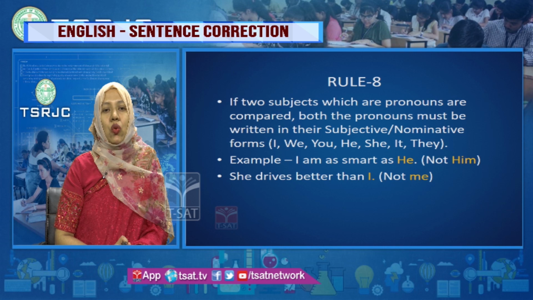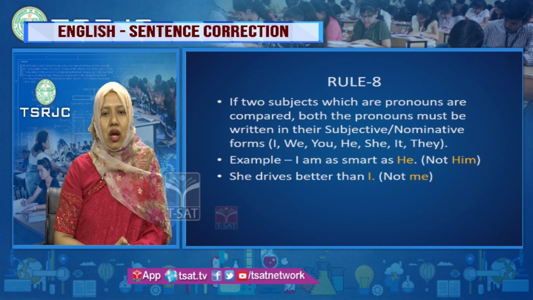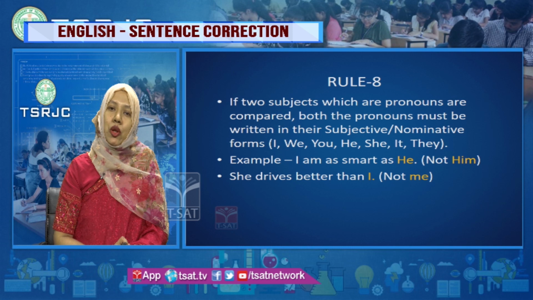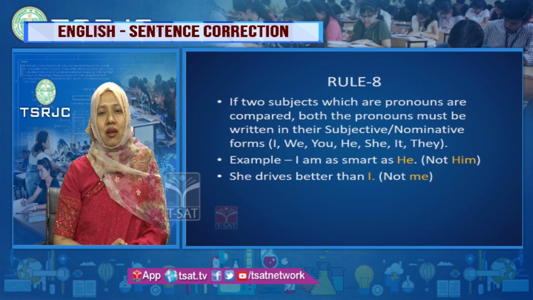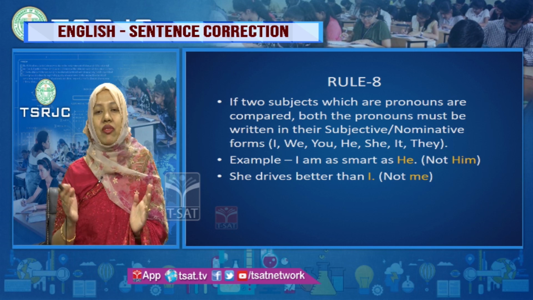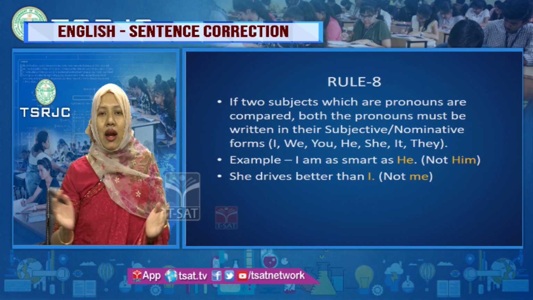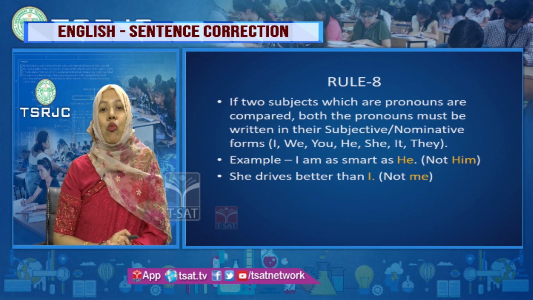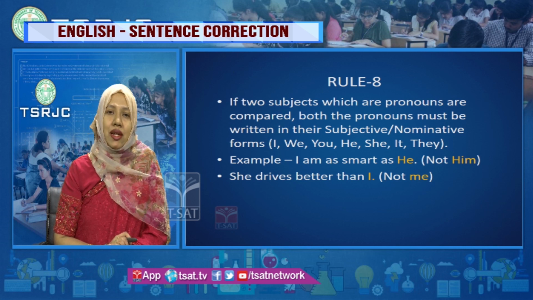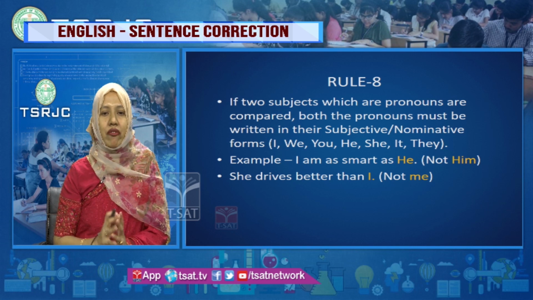Next rule, rule 8. If two subjects which are pronouns are compared, both the pronouns must be written in their subjective or nominative forms. If two subjects, for example where in the subject's place we are using pronouns, are compared, there is a comparison, then both the pronouns must be written in the nominative or subjective form.